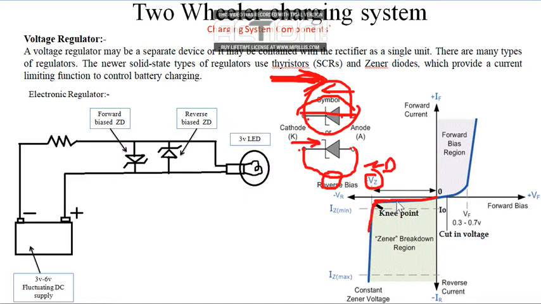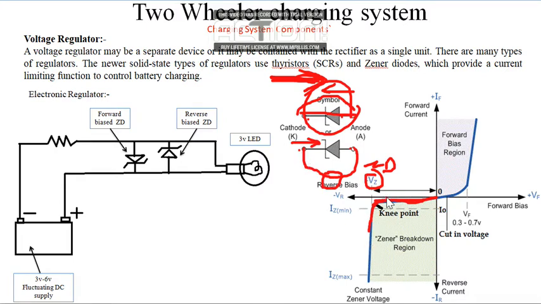But here it won't allow, here it won't allow. It only allows current to flow through it when the voltage applied across the two terminals is greater than or equal to the Zener voltage.